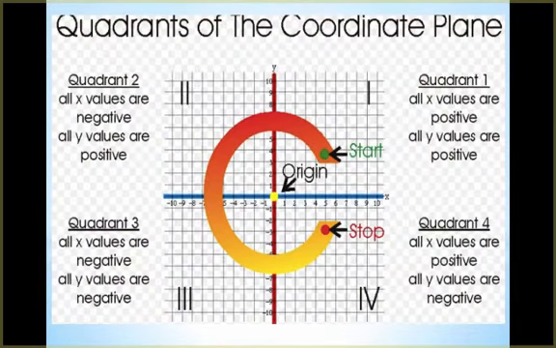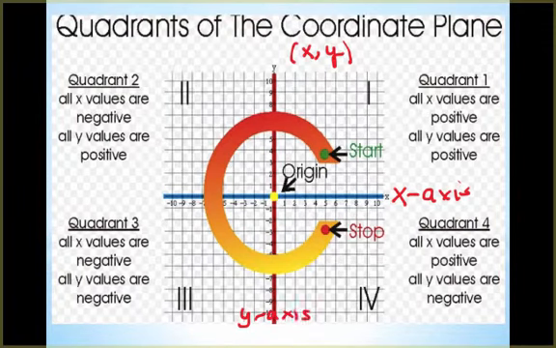Let's first of all talk about what we mean by coordinate plane. A coordinate plane has been divided up into four parts called quadrants. When you have a point, it's ordered as an x and a y value. Your x-axis is your horizontal axis, and your y-axis is your vertical axis.